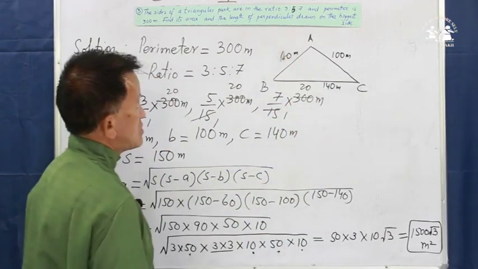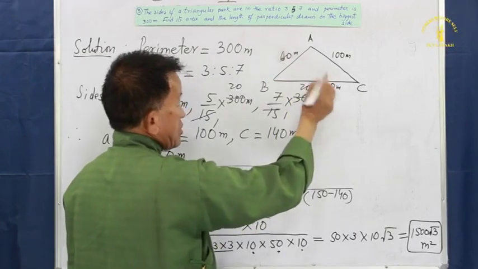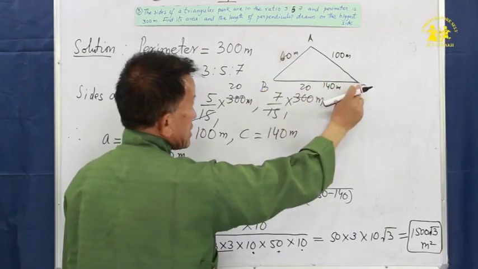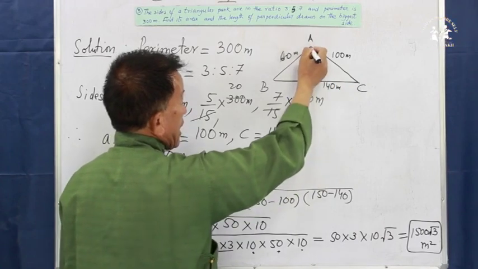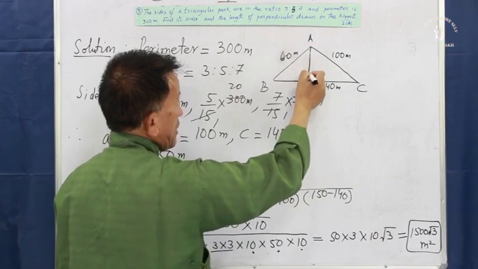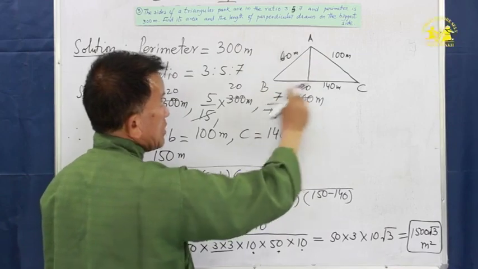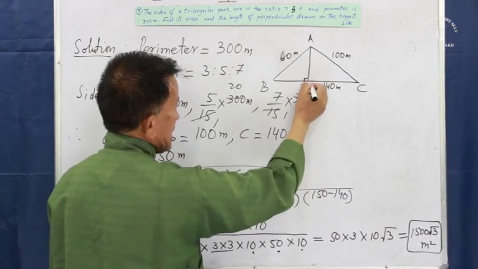So the angle opposite to the bigger side is angle A. From angle A, draw a line perpendicular to the base, the biggest side. Let's say AD.